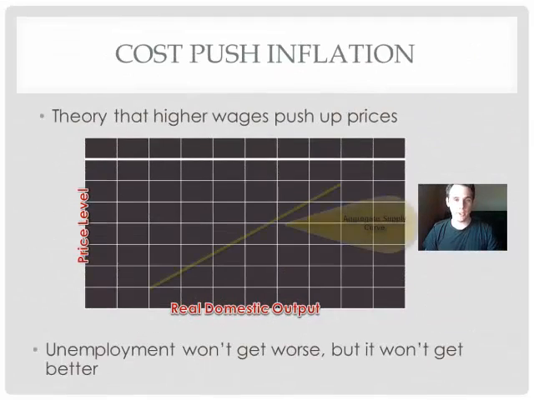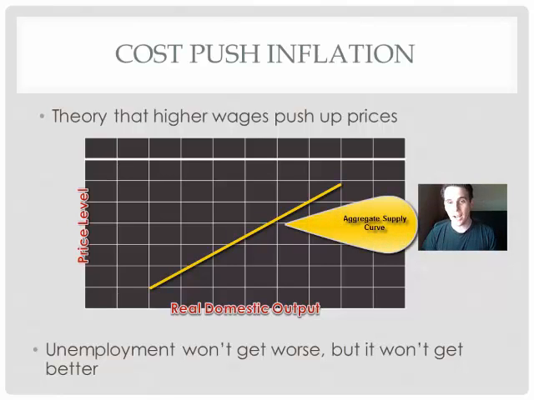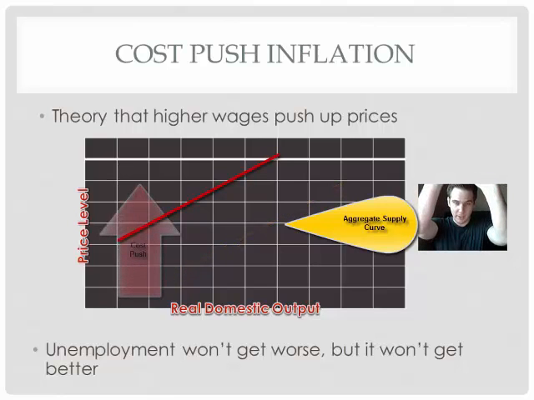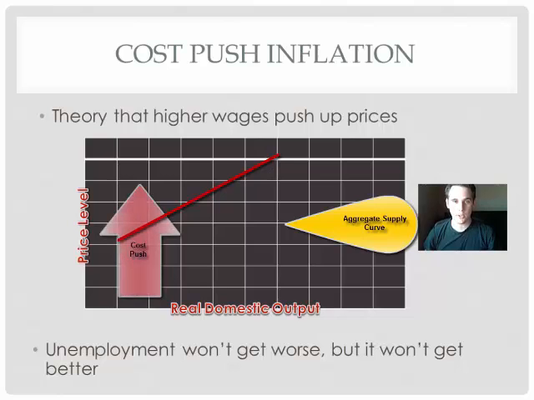Cost push inflation, the other type of inflation. Now, this is the theory that higher wages, we're talking about the supply curve now, push prices up. So as we raise wages, it pushes up prices, and inflation goes up. That's cost push, because the cost of making things, the cost of providing services pushes prices up.